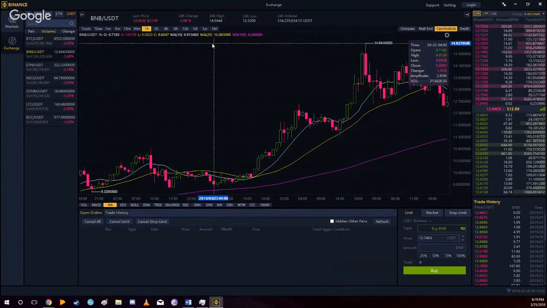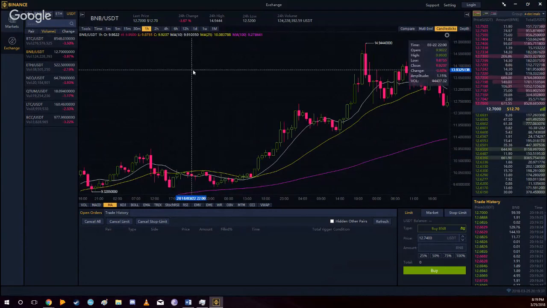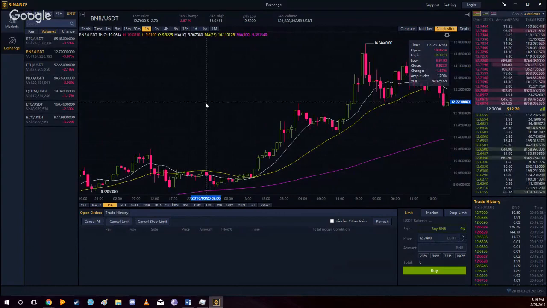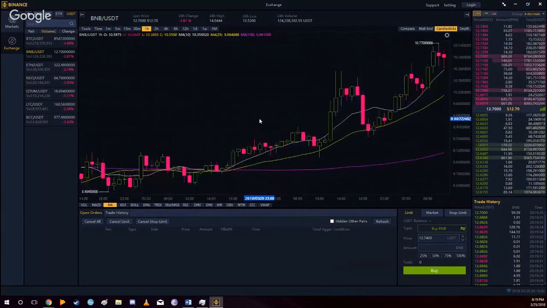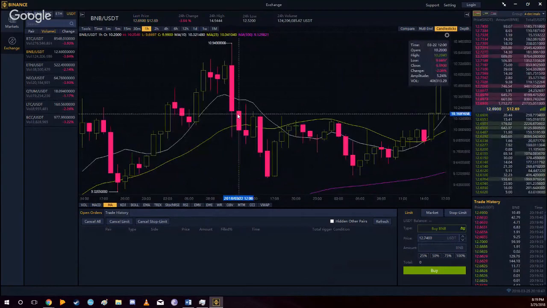So what does MA10 mean? What does the 10 mean? Well, it means it makes an average on the last 10 candles. So I get a very short prediction for the nearby future, I don't know, 1 hour, max 2 hours.